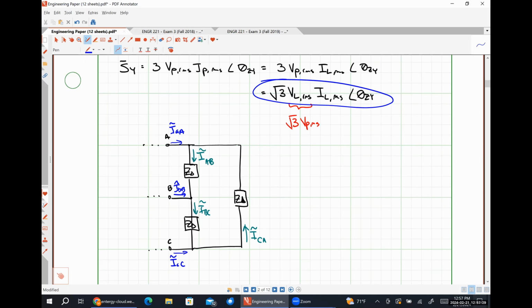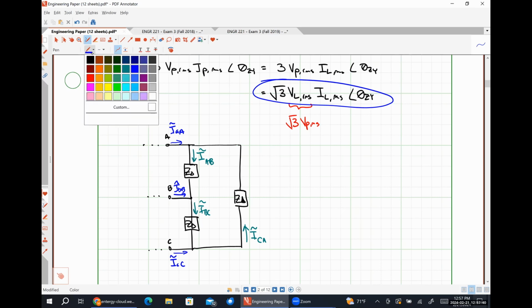So we can actually figure out what the relationship is between our line currents in this delta connected load and our phase currents in this delta connected load by just applying Kirchhoff's current law, right?